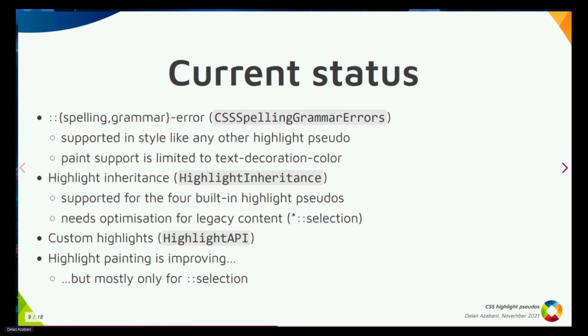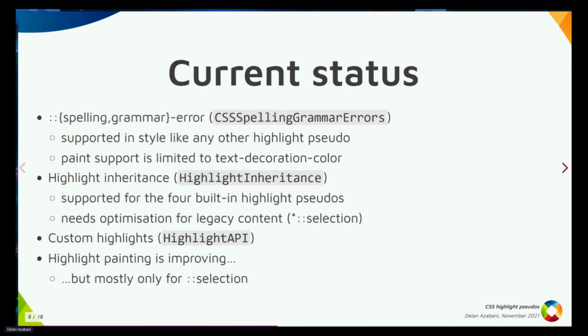In order for these pseudos to actually do anything, we need to read and use these styles in Paint. That Paint support is currently limited to text decoration color, which allows you to change the colors of those squiggly lines, but other properties like color and background color aren't yet supported.